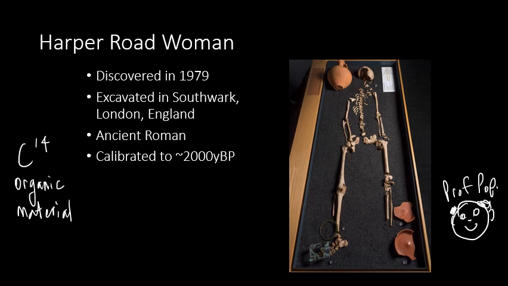Now, fairly recently, these remains had been sent off to McMaster University for some stable isotope analysis. I'll write that up at the top as well. Okay, so stable isotope analysis.